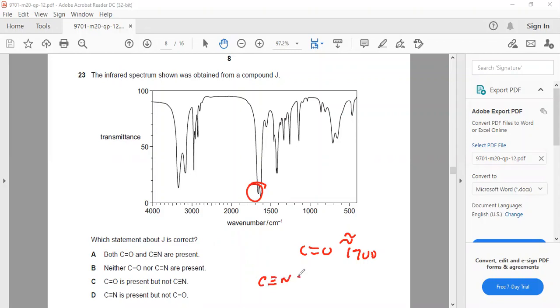Cyanide is around 2250. There is no cyanide, so CO is present. This is also wrong. This one is CO, approximately 1700.